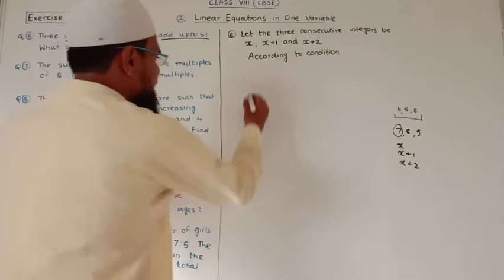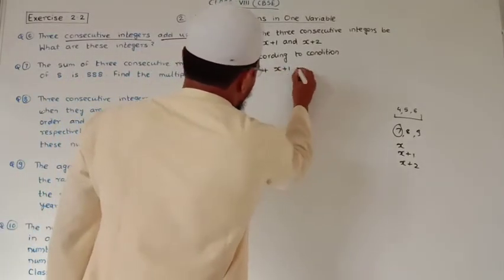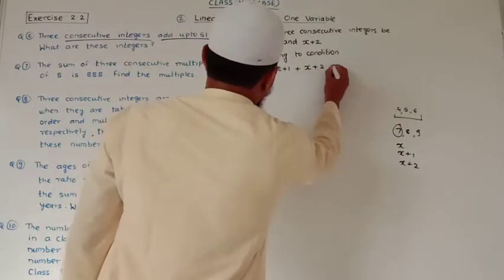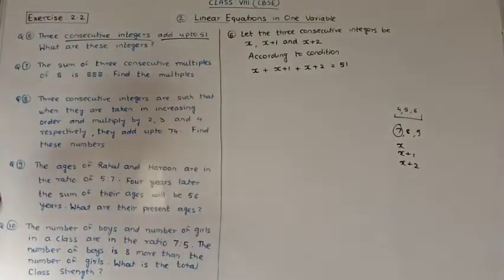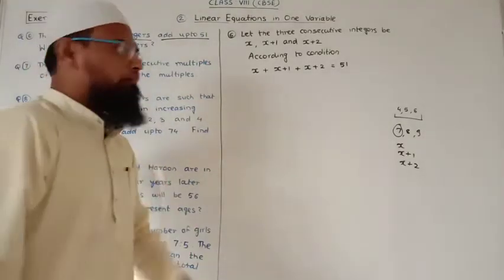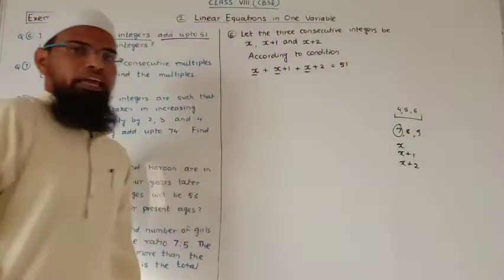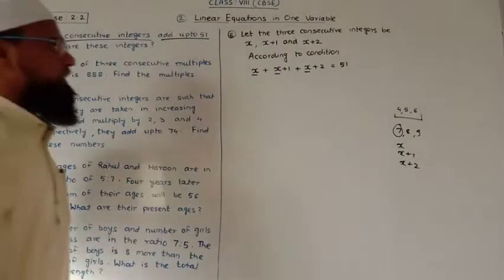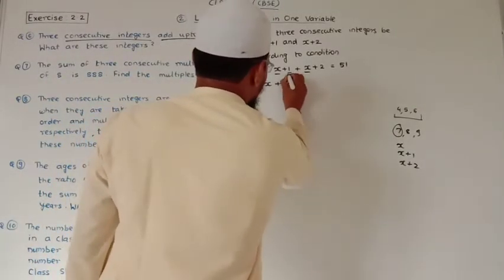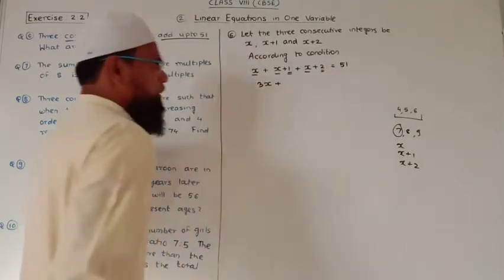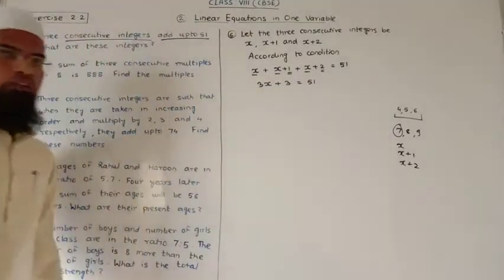So we write x plus x plus 1 plus x plus 2 is equal to 51. First of all we add the variables: x plus x plus x is 3x, plus the constants, 1 plus 2, which is 3, is equal to 51.